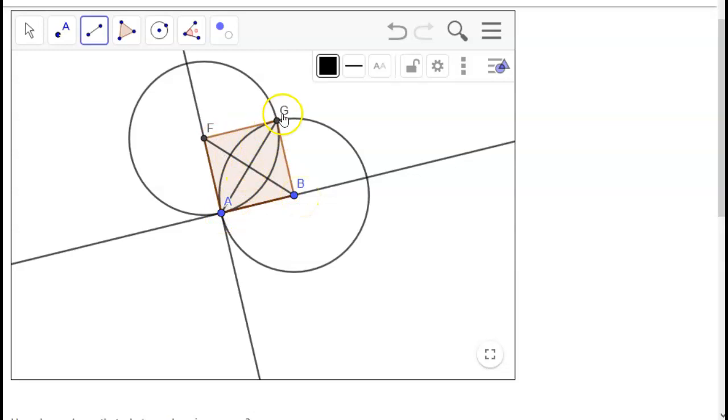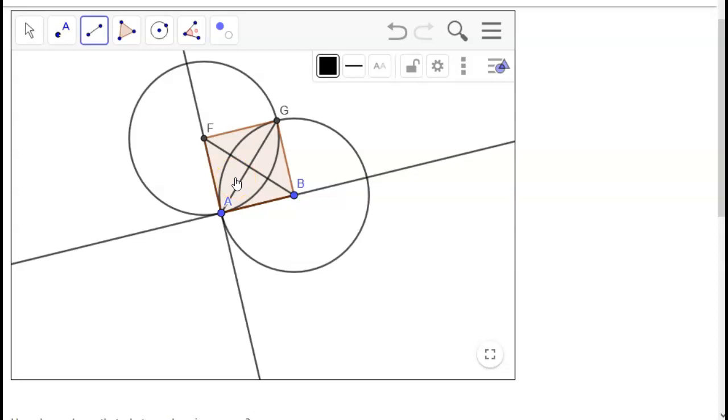Now if we look at this, what we should know about AG and FB is that those two segments should be the same length, because in a square, we'll get to this in a later section, those three sides are congruent to each other because this side and this side are congruent to this side, and their 90-degree angles are congruent, so they would be congruent by side angle side. So we know that these diagonals are congruent to each other, okay?